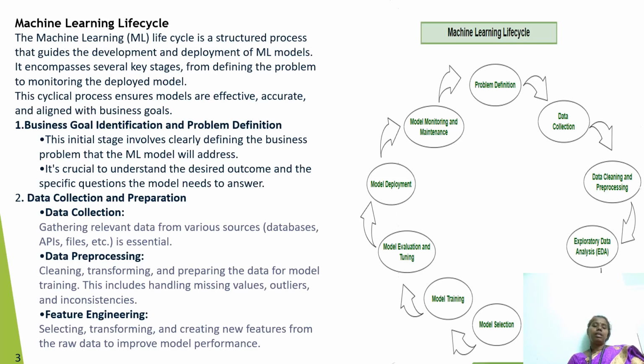We have cleaning, transforming, and preparing the data for model training. This includes handling missing values, outliers, and inconsistencies. And the next process is feature engineering. We have selecting, transforming, and creating new features from the raw data to improve model performance.